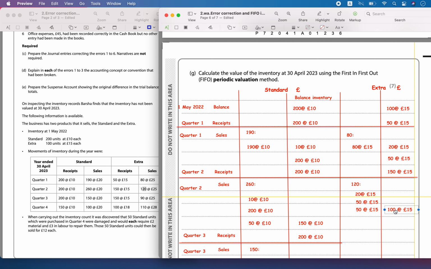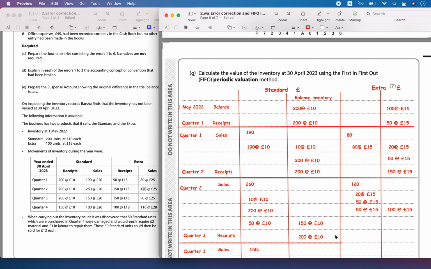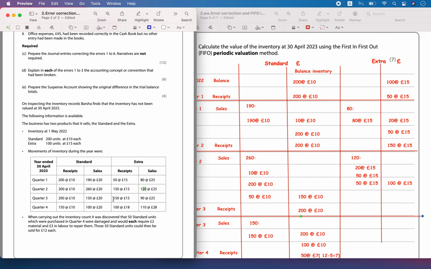Then you will get some receipts in the third quarter. The receipt values are around 150 at 15 pounds. So let's write that, 150 at 15 pounds.